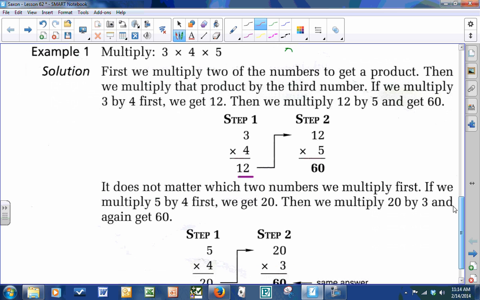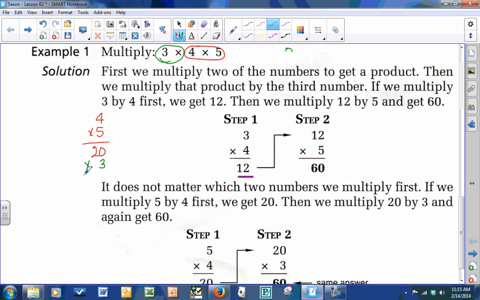In my classroom, we've been studying it almost from the beginning of the school year. Instead of starting with 3 times 4, let's start with 4 times 5. That'll be step 1. So we say, well, 4 times 5 is 20. Then we're going to go back and grab that third factor. In this case, it's 3. And we're going to say, what's 20 times 3?